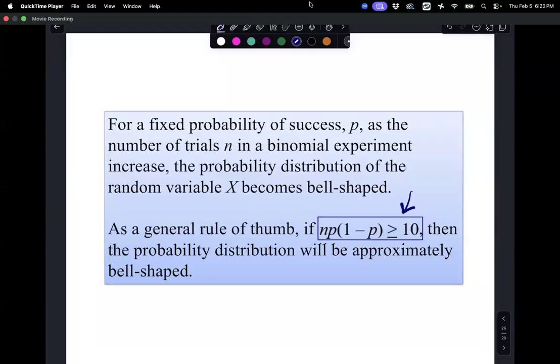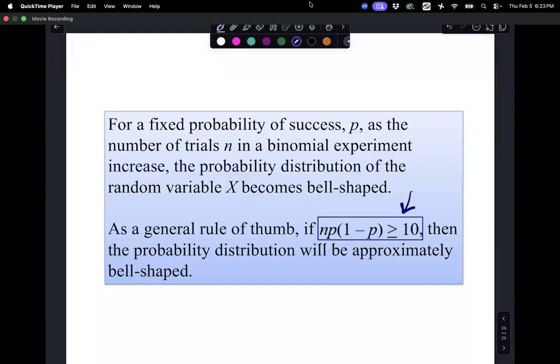There needs to be a significant number of successes and failures within your population or your sample. So if it says, is this always true, as the number of trials increases, will it always be bell-shaped? Say yes, as long as NP times 1 minus P is greater than or equal to 10. So yes, it will be bell-shaped if that is true.